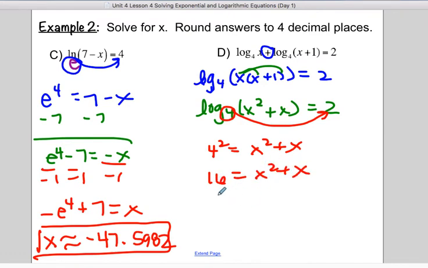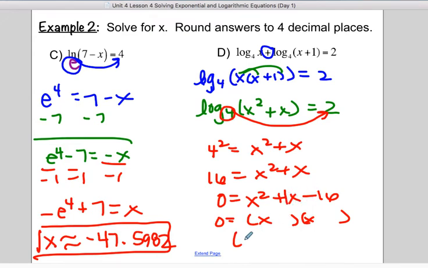I see it's an x squared, so it's a quadratic, so I've got to get it equal to 0, minus 16. And then I would go ahead and try to factor this to find my solutions. Once again, multiplies to negative 16 but adds to 1. There is nothing, so I would have to use the quadratic formula. I'm going to let you do it.